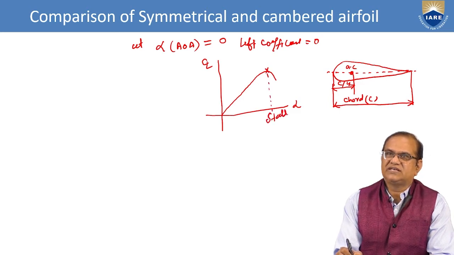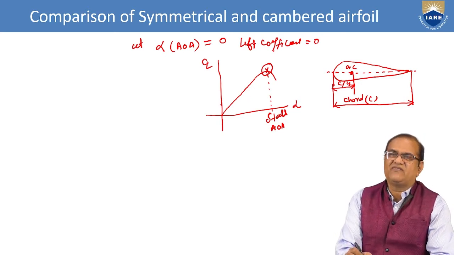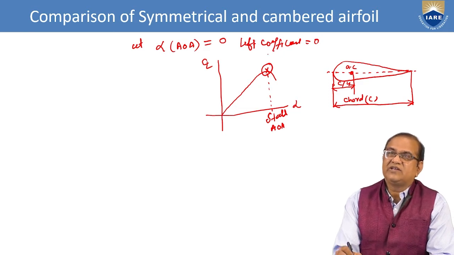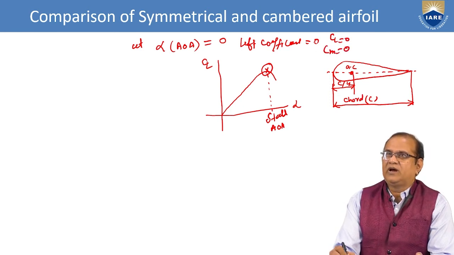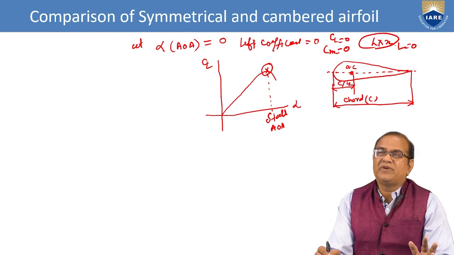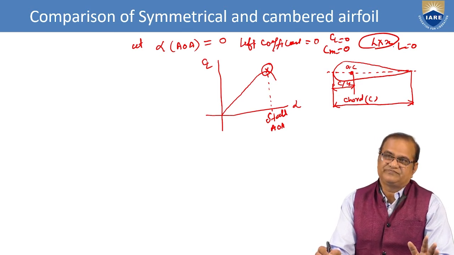This is called the stall angle of attack, or stall angle. We should not operate in this range at all. So at 0 angle of attack, you will get 0 lift, CL is equal to 0 and also Cm is equal to 0. No pitching moment, because the pitching moment is lift into X, but lift is 0. It means there is no pitching moment in the symmetrical airfoil at 0 angle of attack.